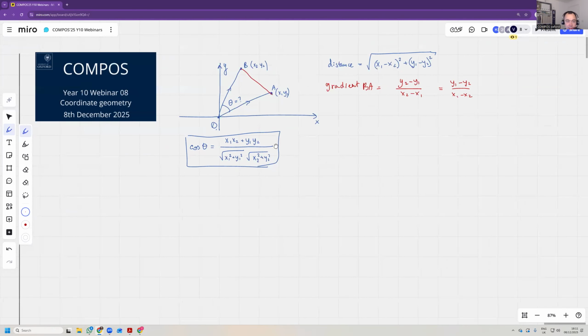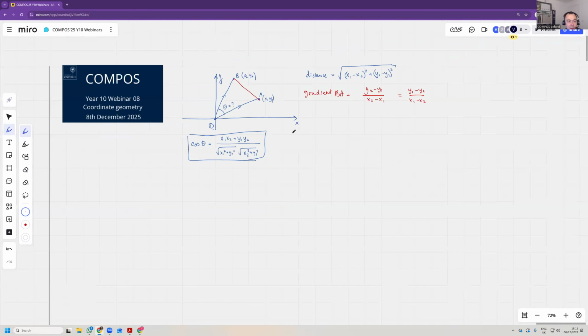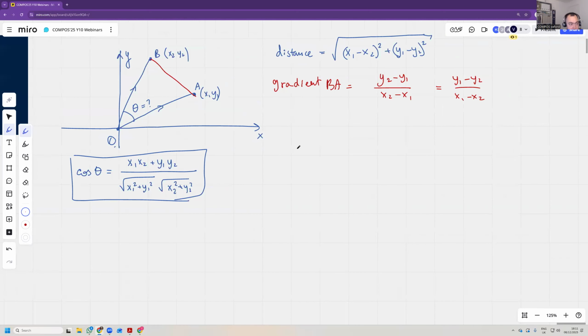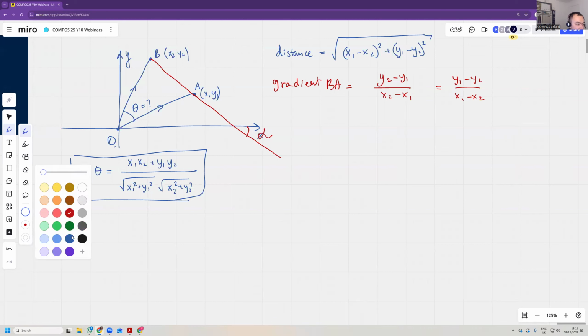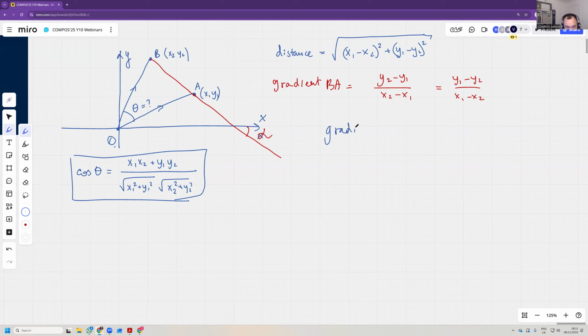Okay. Now, what else? The gradient has an important meaning. If you draw a line through that and label this angle as, well, we've used theta already, let's call it alpha. So gradient is actually the tangent of alpha.